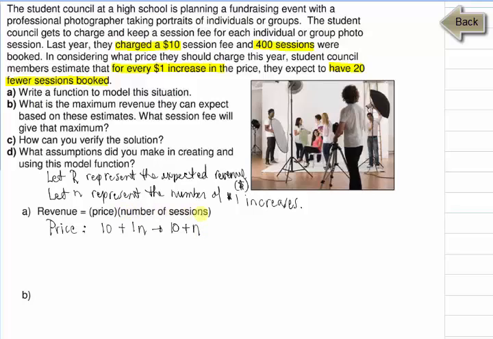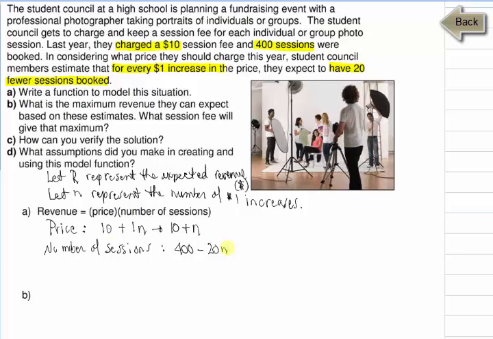We also need an expression for the number of sessions. Well, last year they had 400 sessions. They figured that for every $1 increase this year, they would expect to have 20 fewer sessions booked. Okay? So my number of $1 increases is n, so I'm going to have 20n less sessions booked in this year.